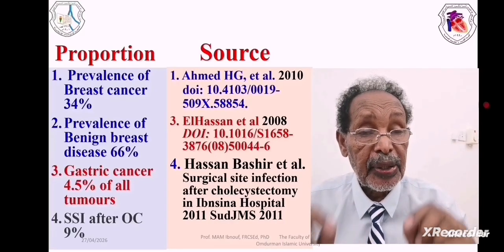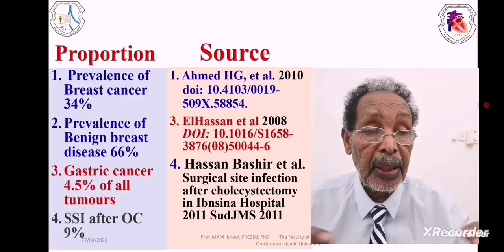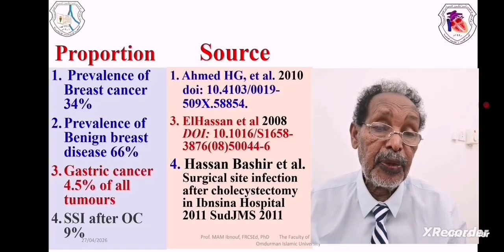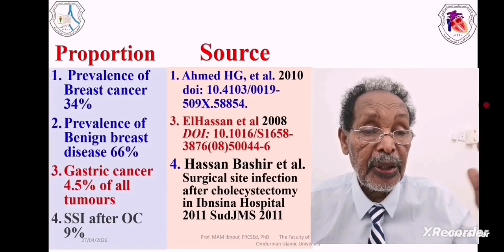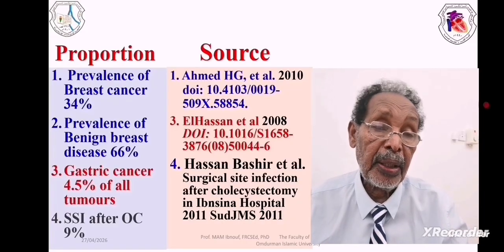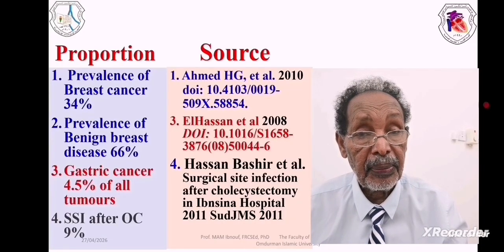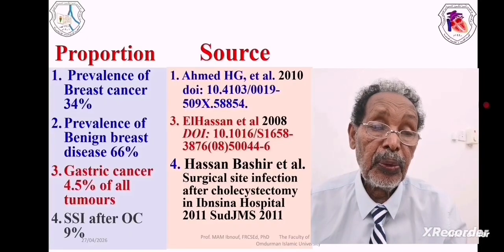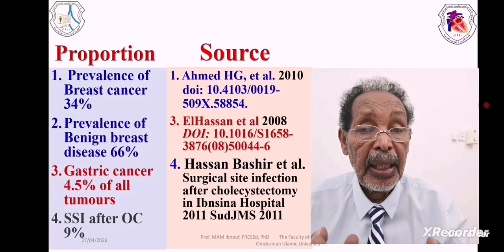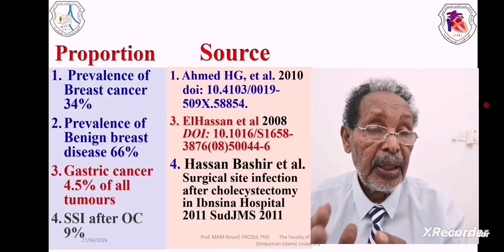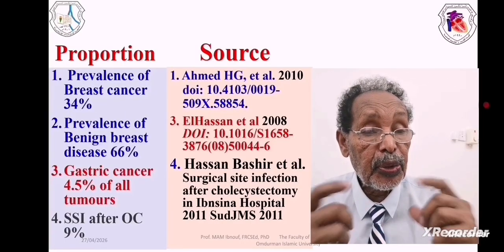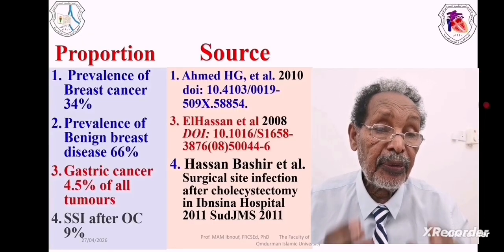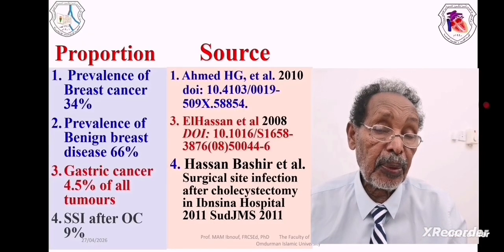If we do not find a study, we can literally use the figure 50%, because it gives a very wide variation, a high sample size, and good power for the calculation of the study. So we have two choices: either find a proportion from a study in the form of incidence, prevalence, or frequency, or just quote liberally the figure of 50%.